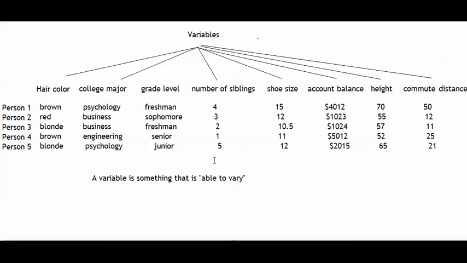If I ask a 6th person how many siblings do you have, I might get a different answer, even if all 5 previous people told me the same answer. In other words, even if all 5 people told me that they have the same number of siblings, it is still something that's able to vary. That's why number of siblings would still be considered a variable.